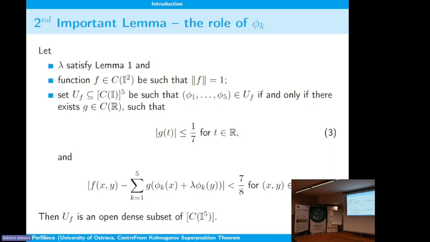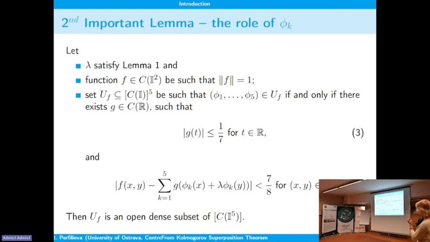Look, I will read this again because it is important. UF is the set of all these tuples such that there exists G. So the existence is somehow assumed, and this should be fulfilled.